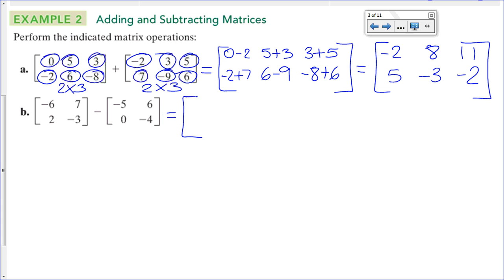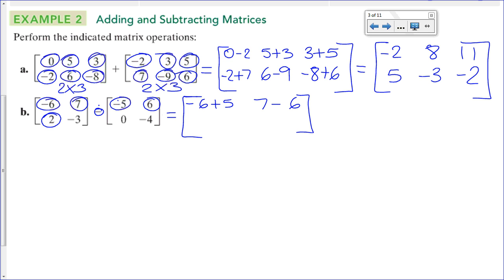Now I'm going to subtract, so I will have to, of course, distribute that negative sign. So I will write it this way. -6 plus 5. -6, negative times negative, that is positive. So that is why I have -6 plus 5. Next, 7 minus 6.